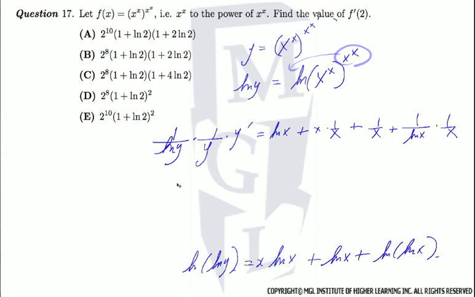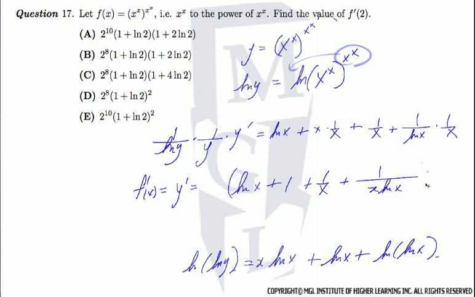So let's clean that up. We have y prime, which is a derivative function, equal to ln of x plus 1 over x plus 1 over x times ln of x.